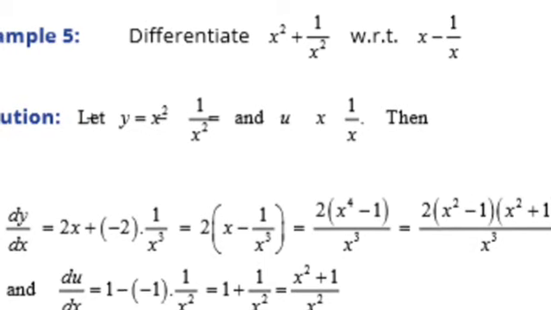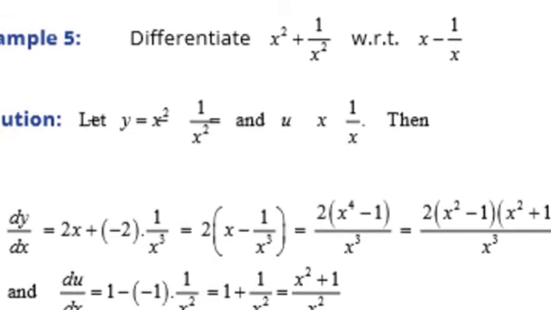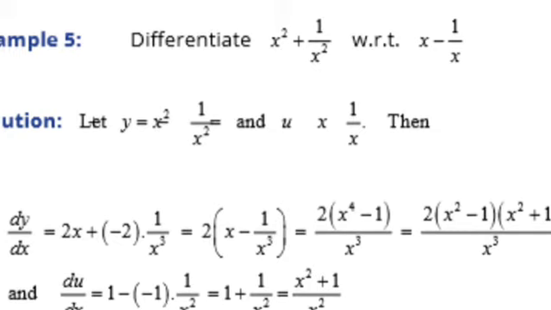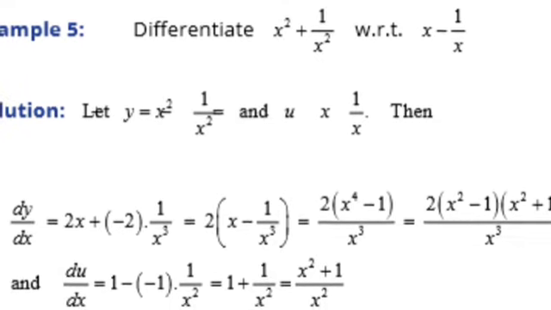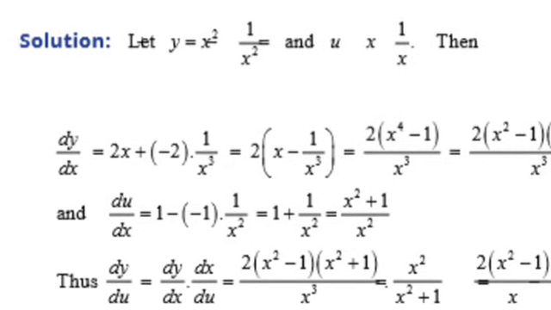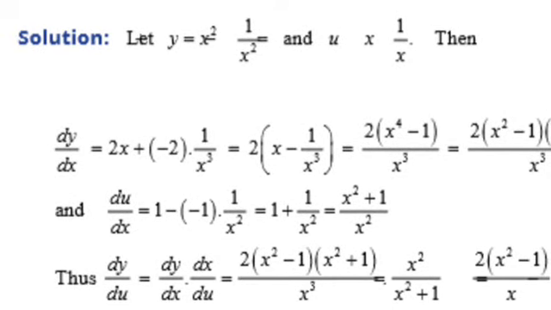Now here we have two functions, y equals x square plus 1 over x square, with respect to x equals x minus 1 over x. We name these equations, one is y and the other is x. Now we differentiate y with respect to x. The derivative of x square is 2x, and for 1 over x square, first we write it as x raised to the power minus 2, then we take its derivative. The derivative of x to the power minus 2 is minus 2 x to the power minus 2 minus 1.